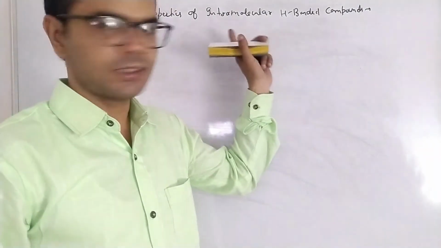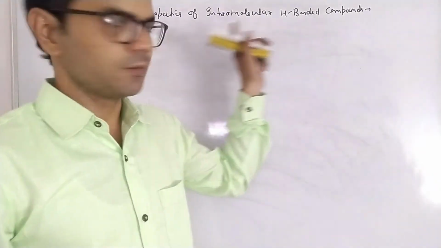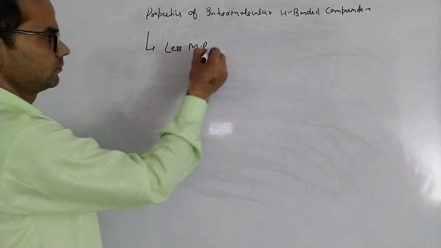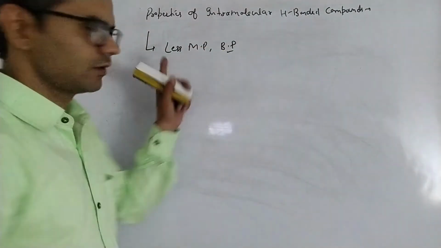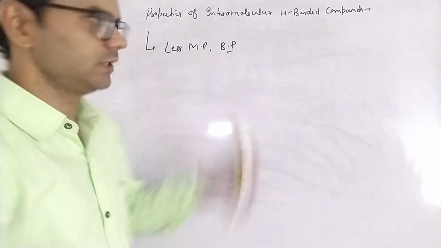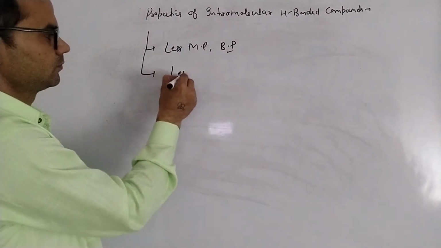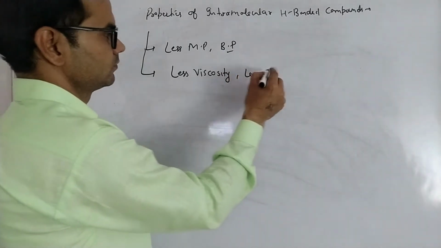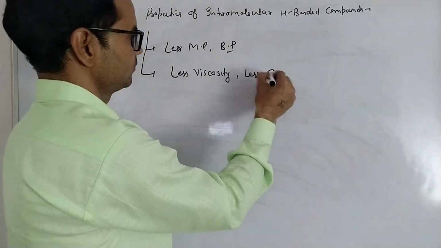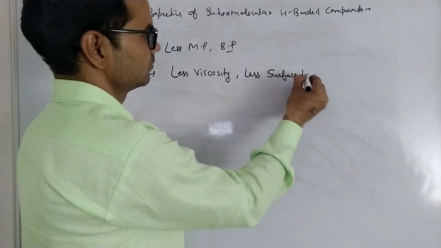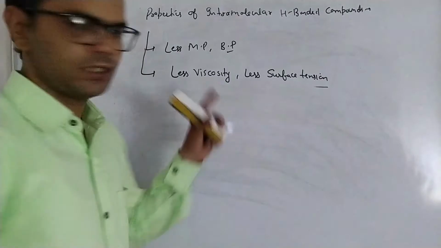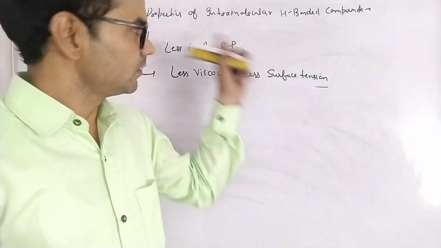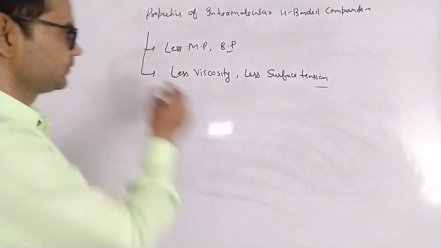The compounds in which intramolecular hydrogen bond is present possess less melting point and boiling point. Their viscosity will be less and their surface tension will be less. They will be less soluble in water also.